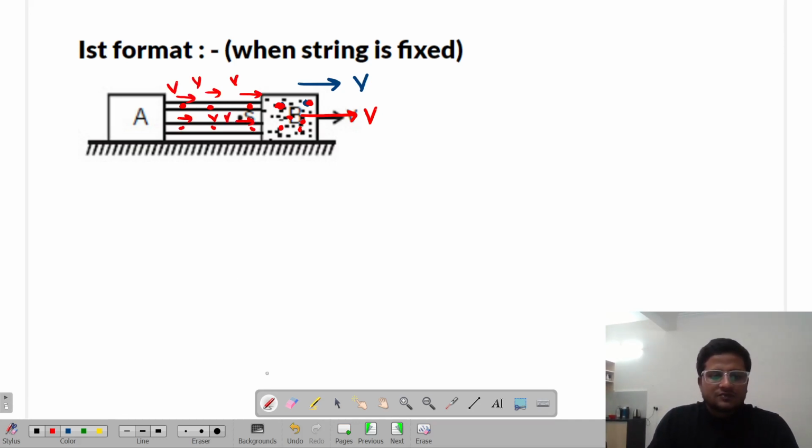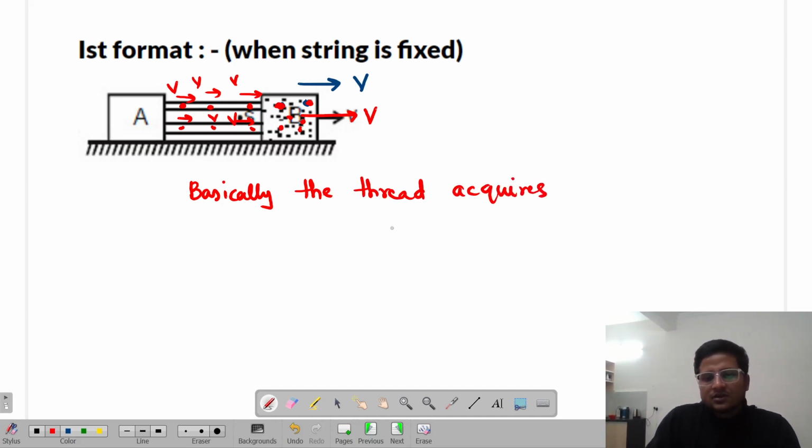So what do you observe, that here basically the thread acquires the velocity of the first block.